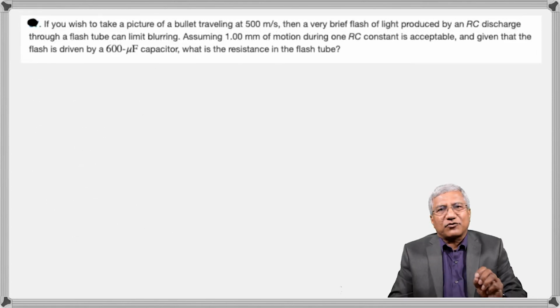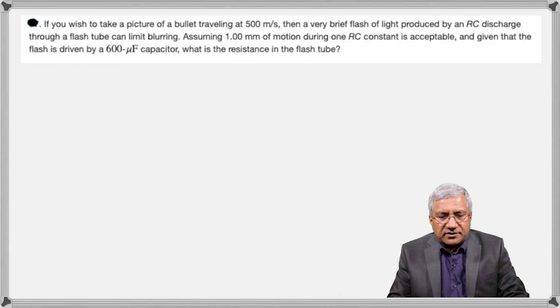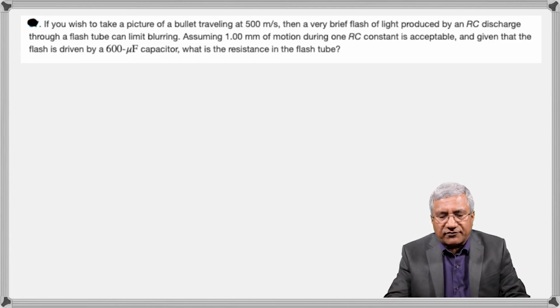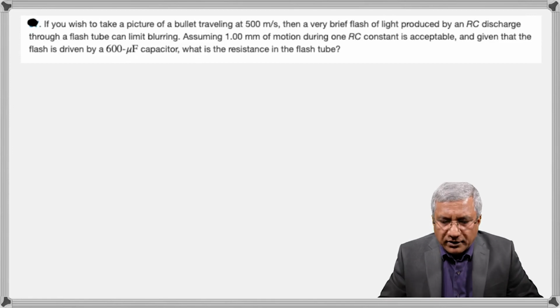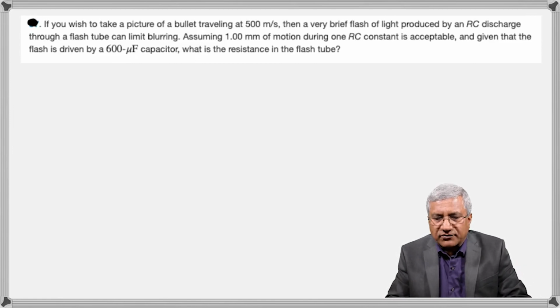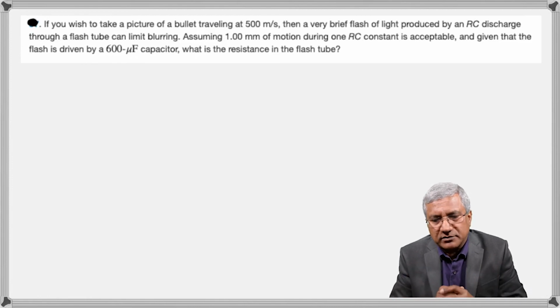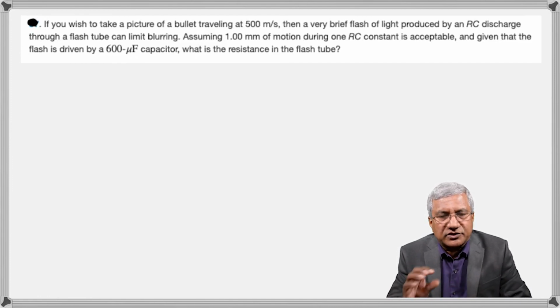All right, we have 3 more problems to be done. Here's the first of the 3. If you wish to take a picture of a bullet traveling at 500 meters per second, then a very brief flash of light produced by an RC discharge through a flash tube can limit blurring.